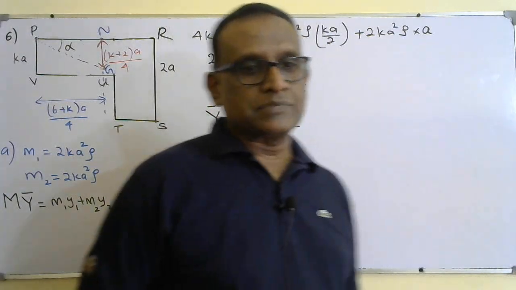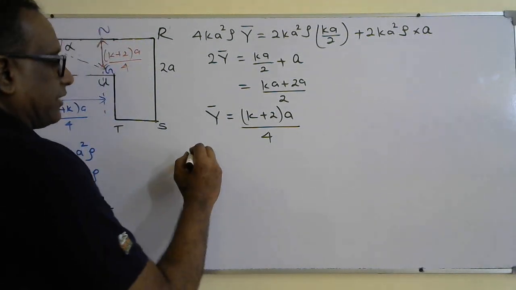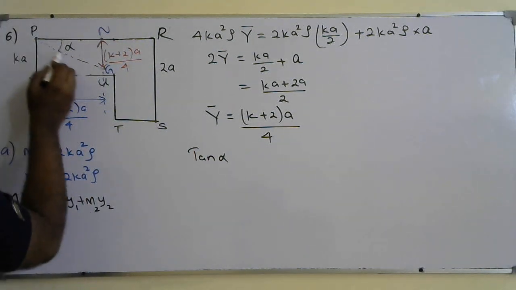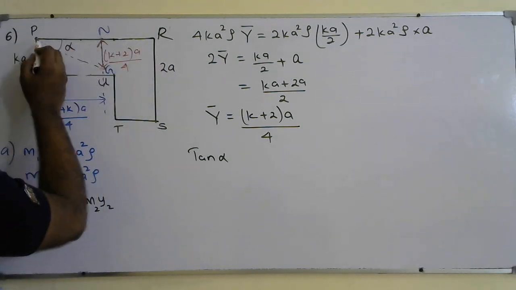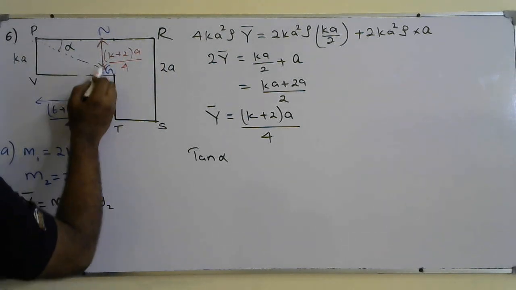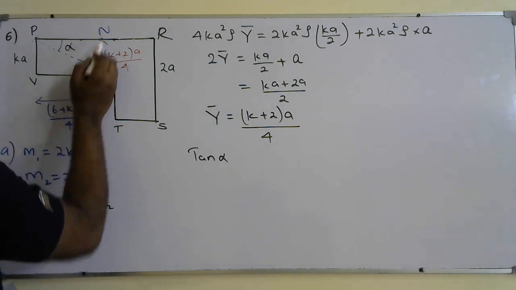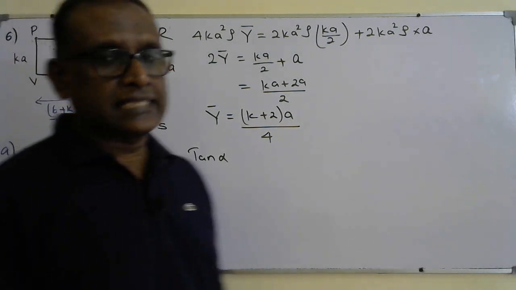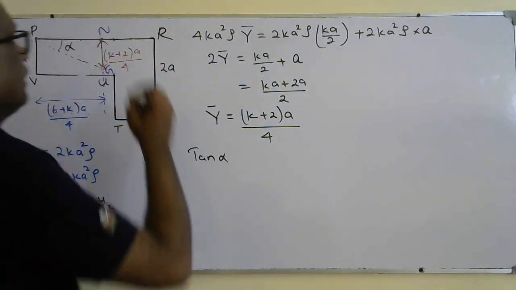I already explained this several times. So tan alpha, which I need to find, in the right angle triangle PGN: PN is 6 plus k over 4 into a, which we already found in the a part, the x coordinate of the center of mass.